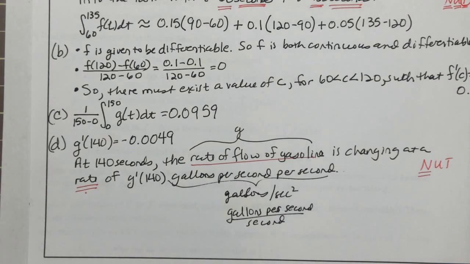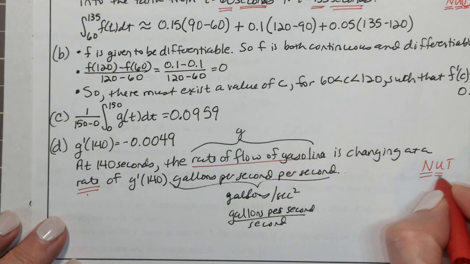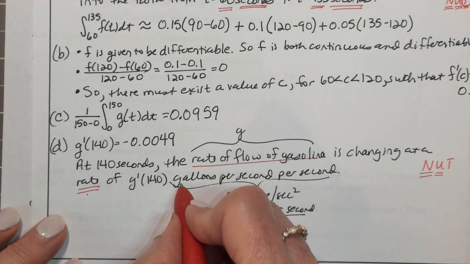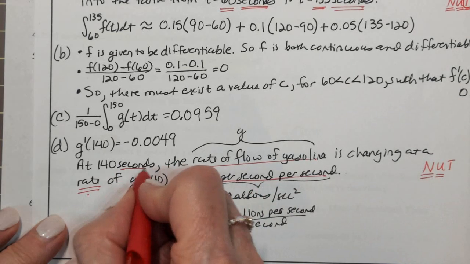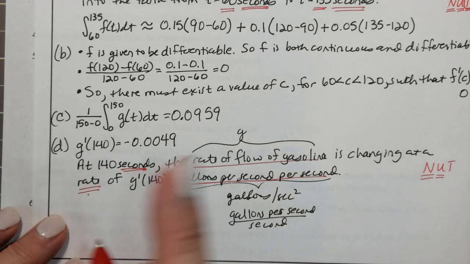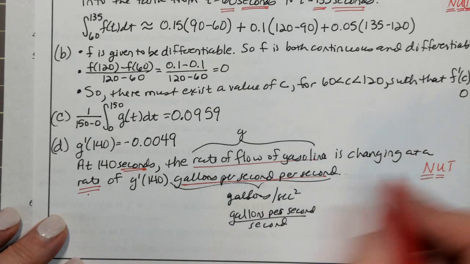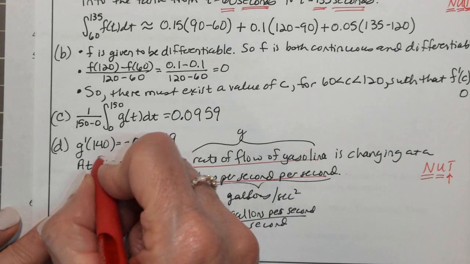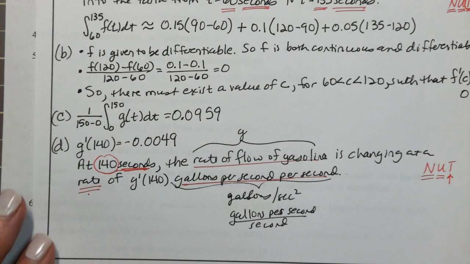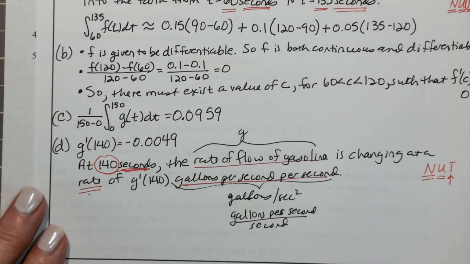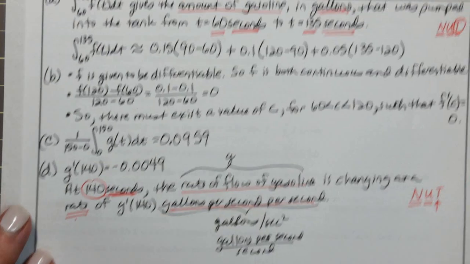There needs to be two rates. Units. Units on what we're finding and units of the 140. Both of those. Time. 140 seconds. Alrighty. Let's see how they scored that problem.